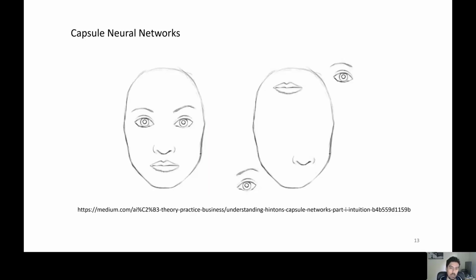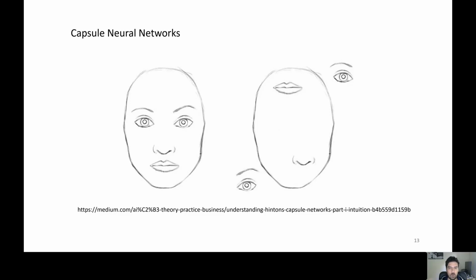And that is an example that is routinely used when explaining capsule networks, because a typical convolutional neural network cannot really differentiate between a real face, how our anatomy is, versus a fake face, as you will see the one on the right hand side. This is because the convolutional neural network usually looks for information within images.